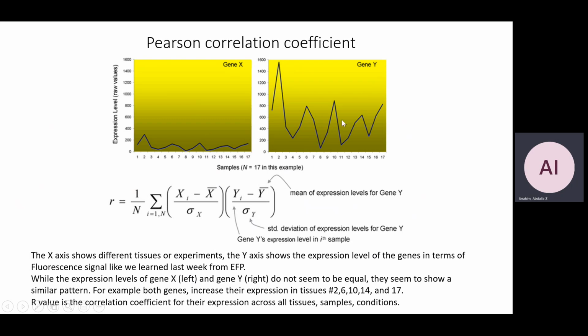So they are actually similar in their pattern, although the values are not the same. Maybe that gene is not generally expressed in higher doses as compared to this one, but that doesn't mean they're not correlated. They are actually highly correlated.